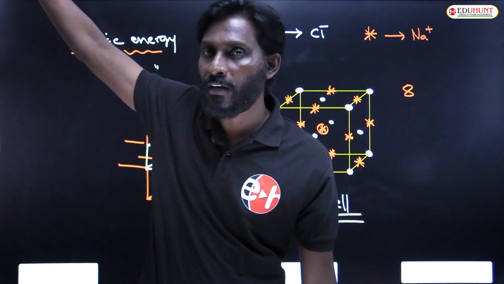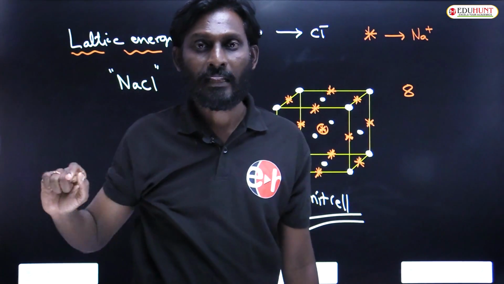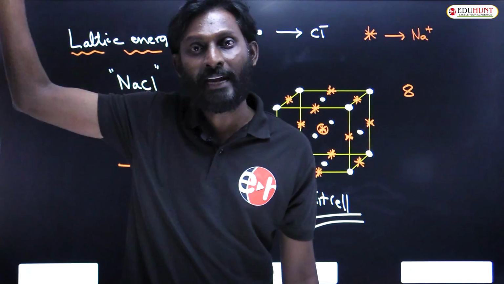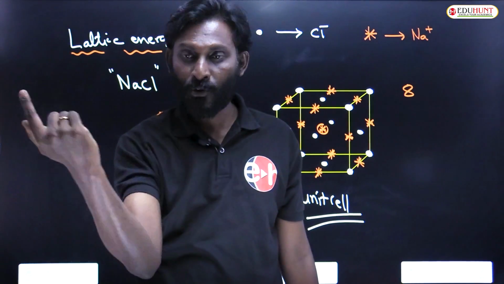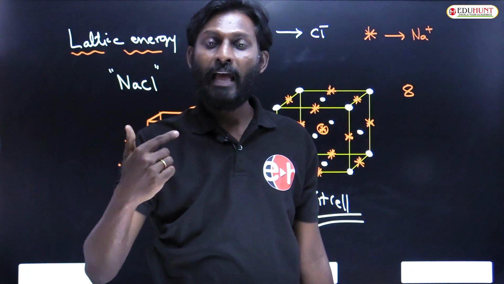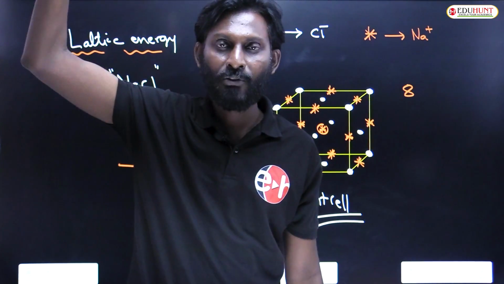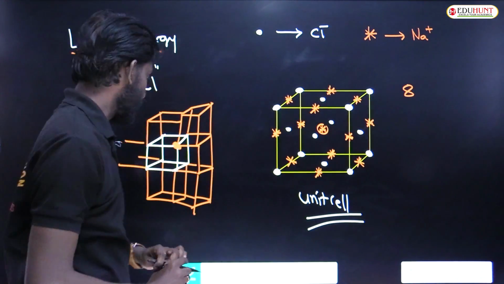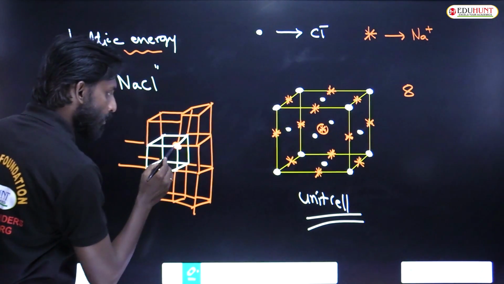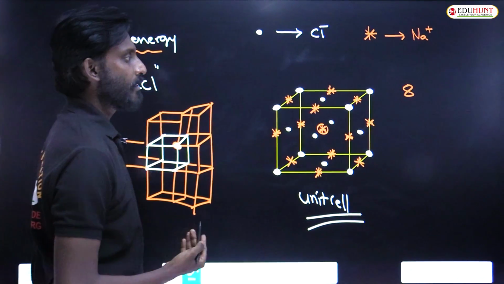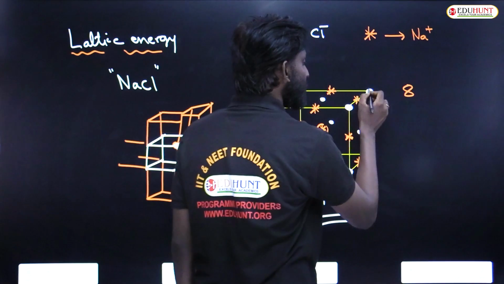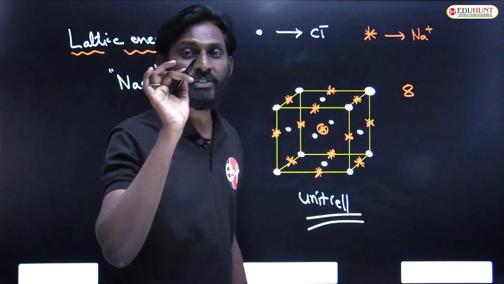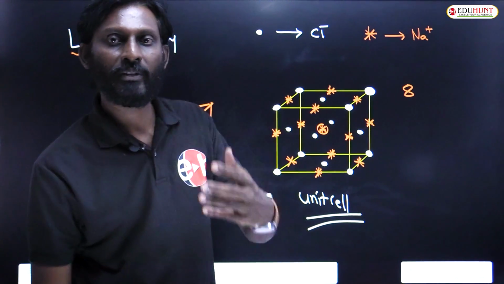Now imagine the corner of the room. That corner is common to the 8 rooms. Your room corner is common to the 8 rooms. Like that, this corner is common to the 8 unit cells.